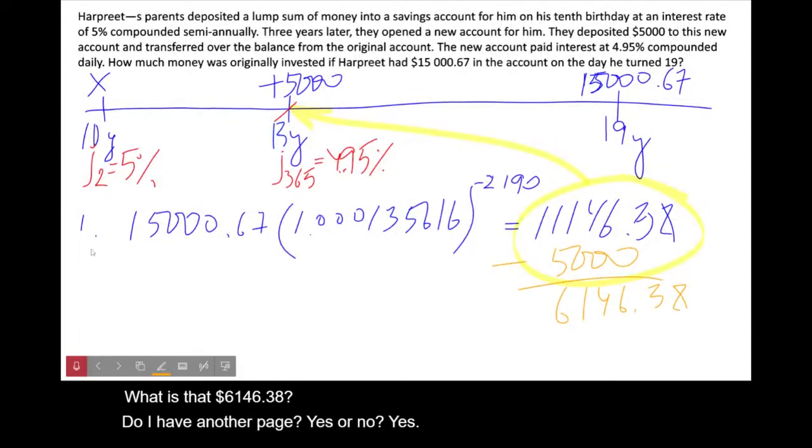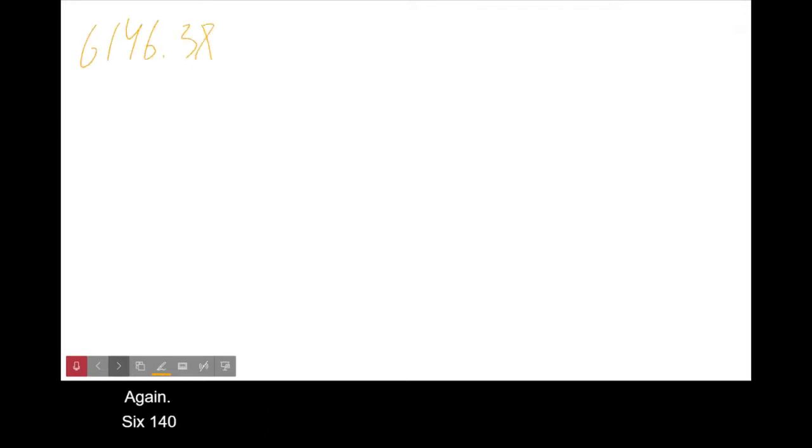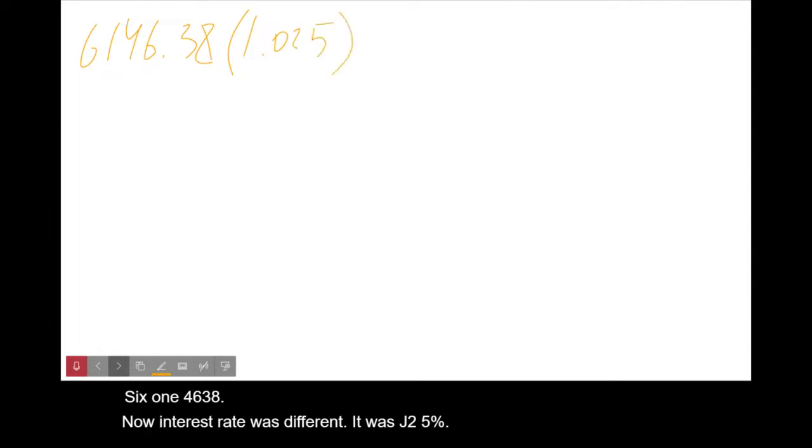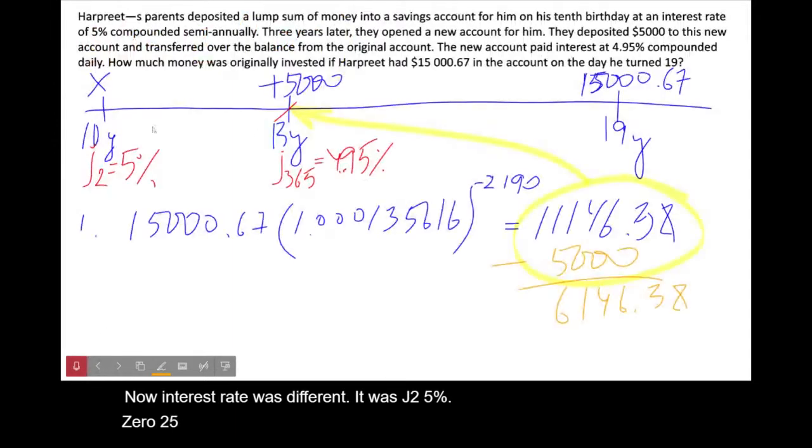Okay, and we roll back again. 6,146.38. Now the interest rate was different. It was J2 5%, 0.025 per period. And for how long was it?